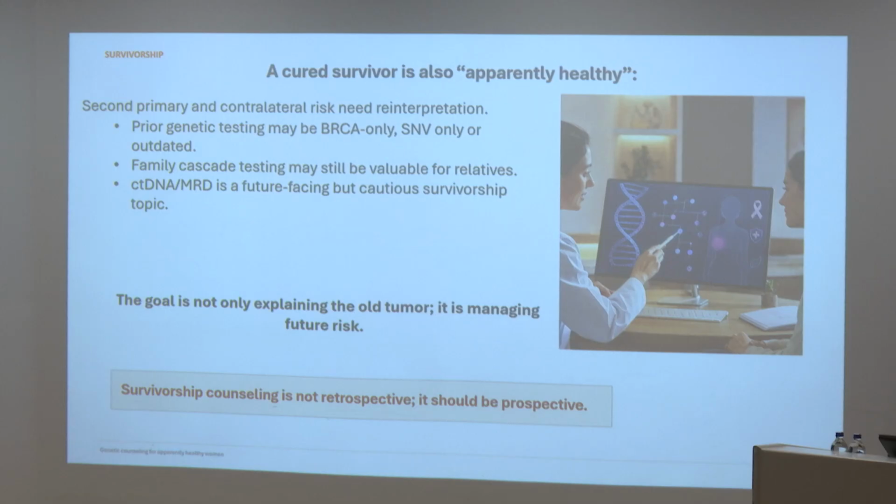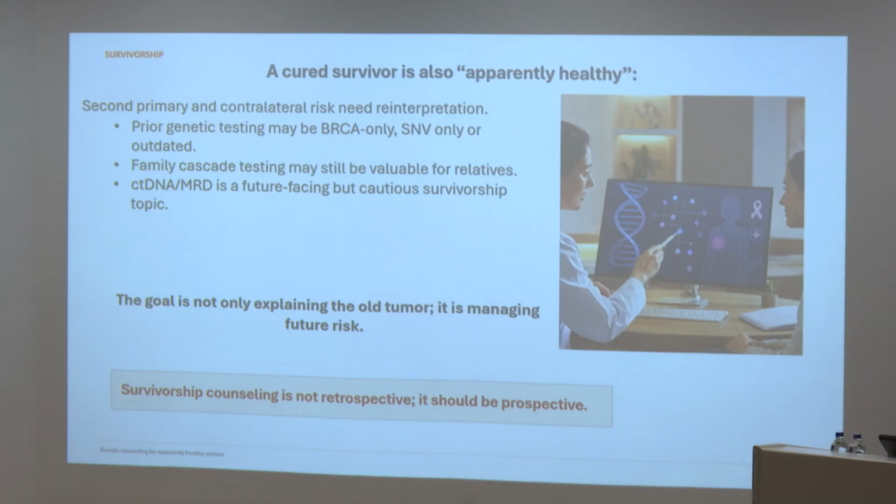It might be a BRCA only. It might only reveal single nucleotide variants, not copy number variants. Or it might be an old test. So a reinterpretation might be mandatory. And sometimes testing the family members will be important because there might be some variants of unknown significance in the test result.